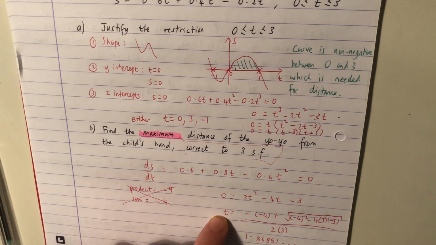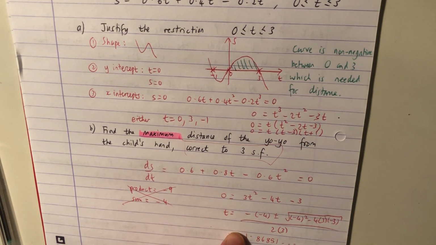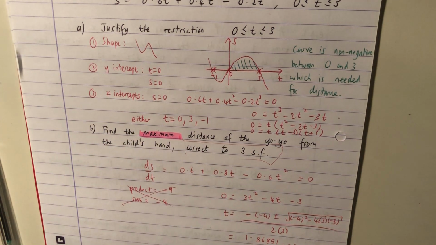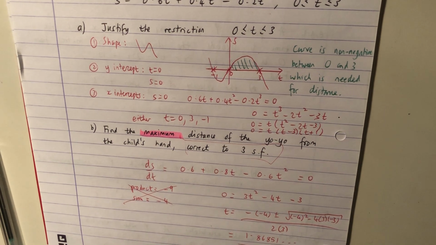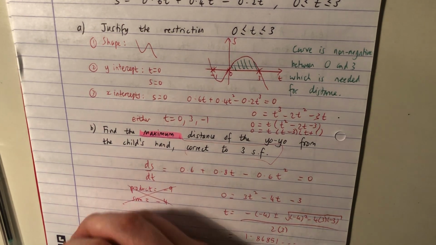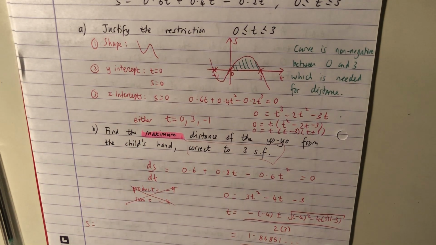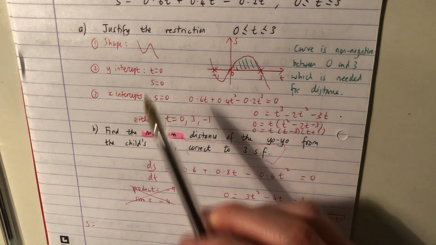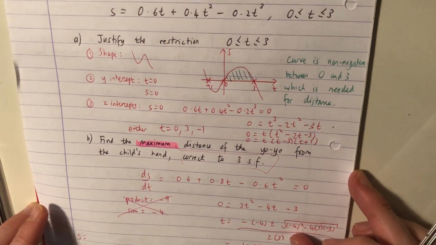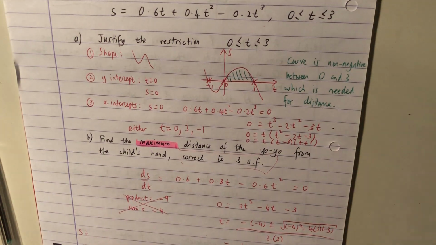And that's the time that this maximum distance is achieved, but they want you to find out that actual distance itself. So how can you find out the corresponding distance? Well, you substitute it into the formula for distance. Should be pretty obvious. Okay, so s would be equal to, so replace every single t value back in that formula with that new time.